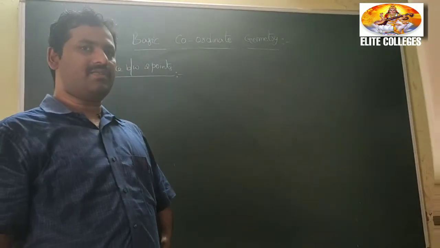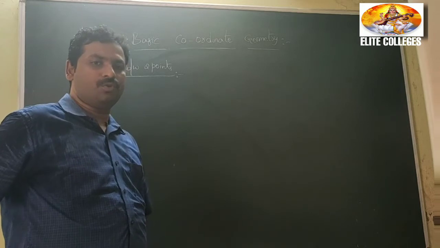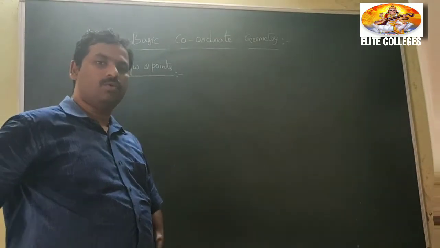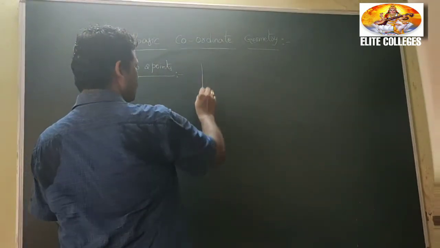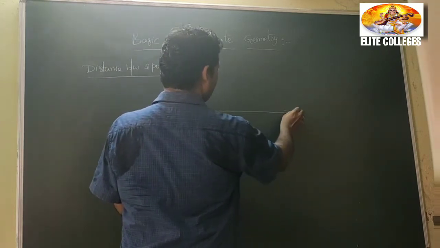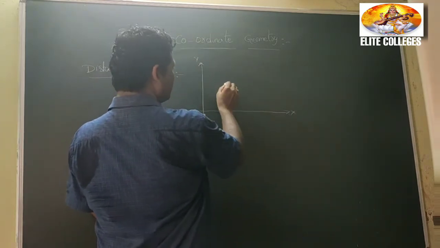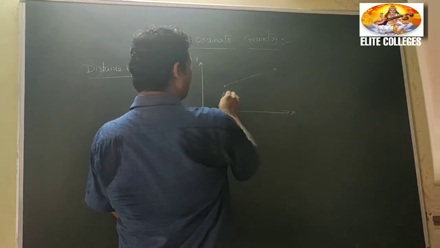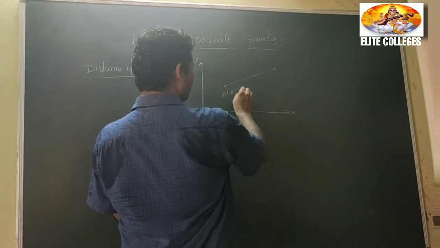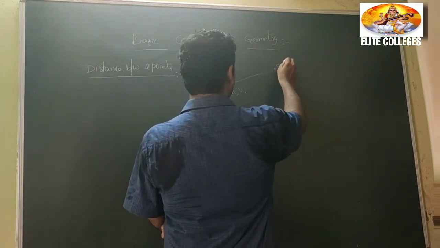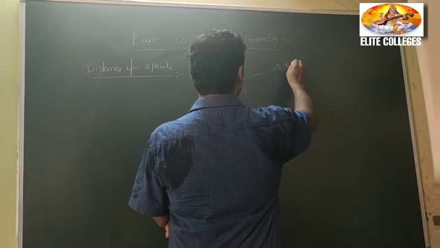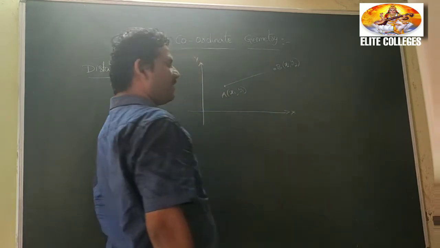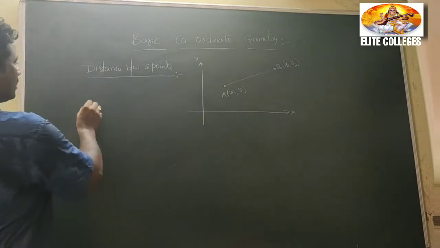Right. The next one is the distance between 2 points. Distance between 2 points in a plane. So this is the plane. Distance between 2 points, capital A of x1 comma y1 and capital B of x2 comma y2. What is the distance?